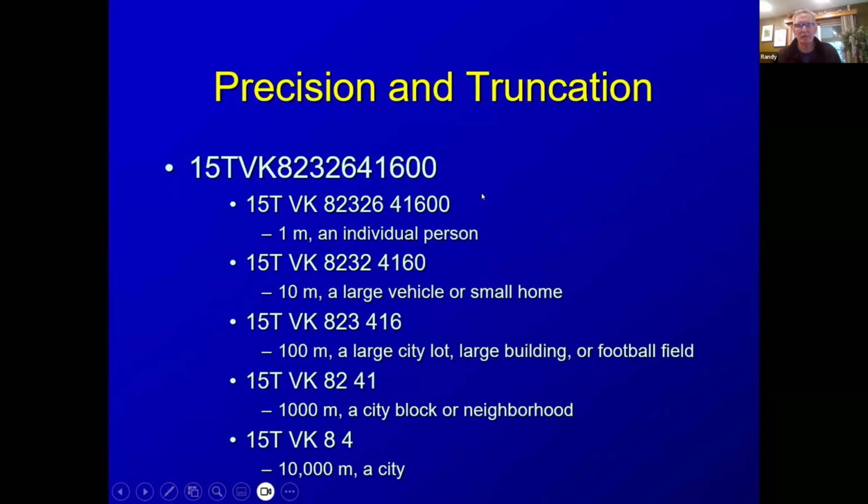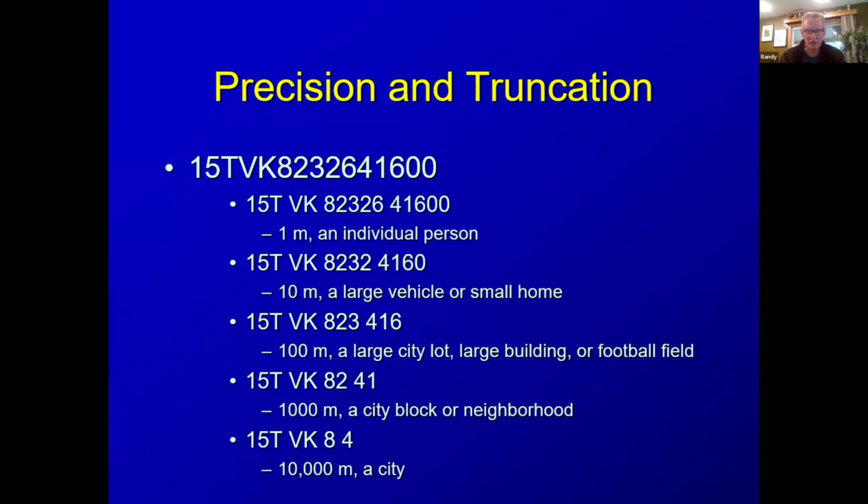So if we look at practical applications of the precision and truncation, I didn't do the truncation here, but if we're using the full precision to 1 meter, you can think of that as representing the space occupied by an individual person, for example. If it's 10 meters, that's all we really need to represent the location of a large vehicle or a small home. If we're using 6 digits, that's 100 meters of precision.